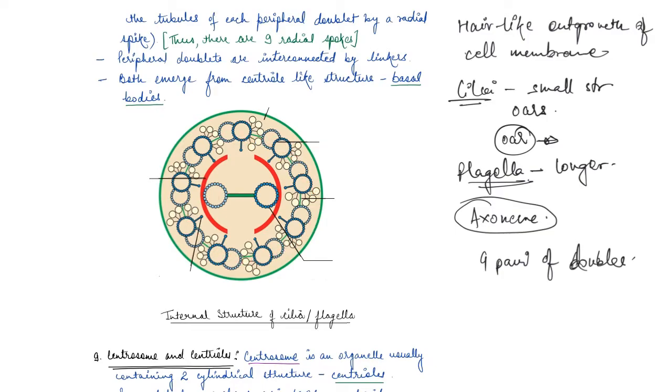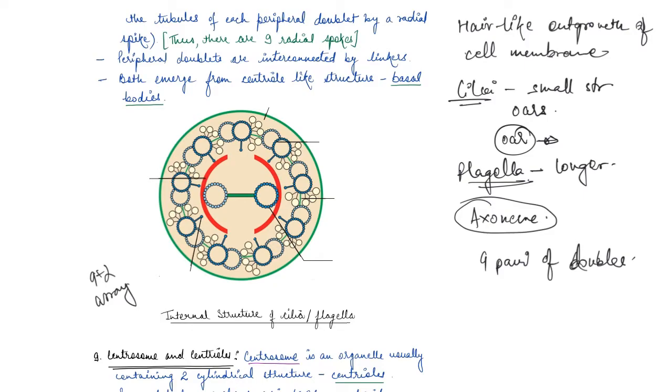And then a pair here, a pair of centrally located microtubules, right? This arrangement of axonemal microtubules is referred to as 9 plus 2 array.